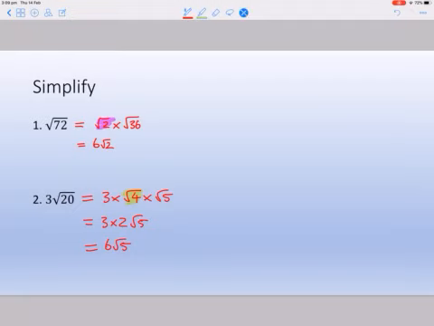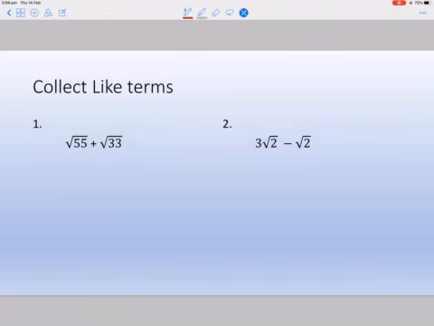All right, I've got a few examples in this video, so I'm just going to keep charging. This one says collect like terms. So what we're going to do is simplify, and we're going to split this up. So I can split the 55 up by going root 5 times root 11 plus root 3 times root 11.